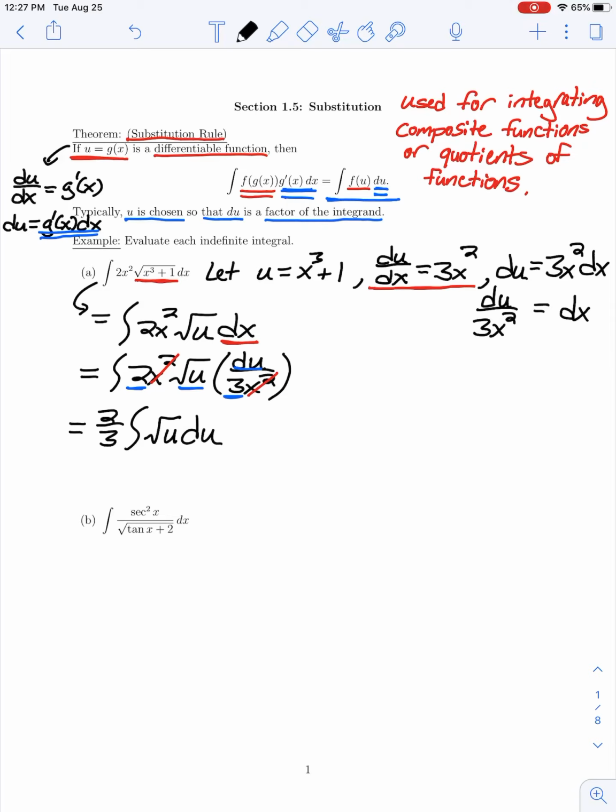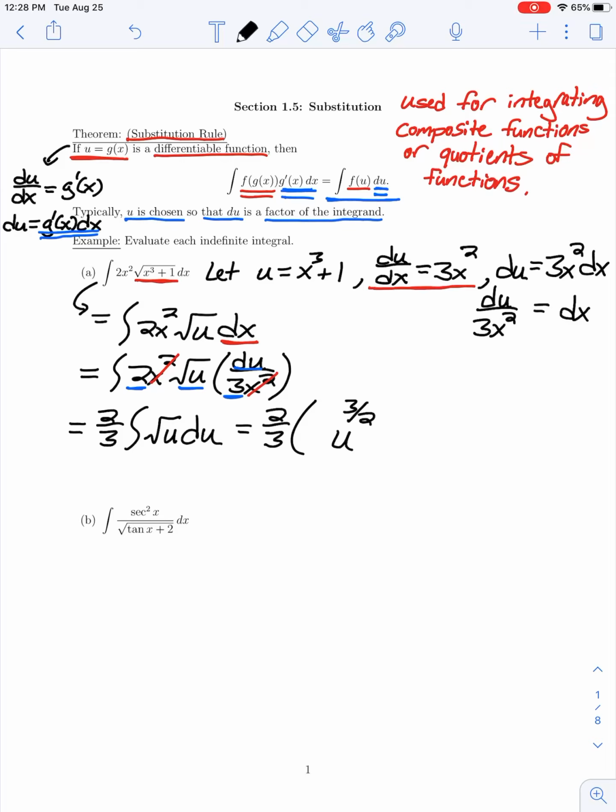So let's think about this. To integrate the square root of u, or u to the 1/2, well, we have a constant 2/3. And then using the power rule to find our antiderivative, we take u to the 1/2 and we add 1, so we get u to the 3/2. And then we divide by 3/2.